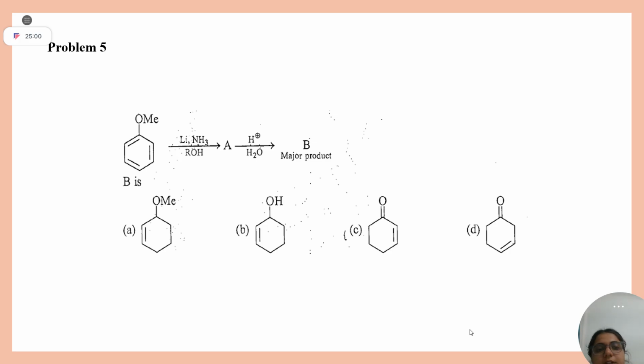Okay, here the benzene ring has electron donating or withdrawing group? First question you should ask while solving birch reduction: is this benzene ring having an electron donating group or electron withdrawing group?